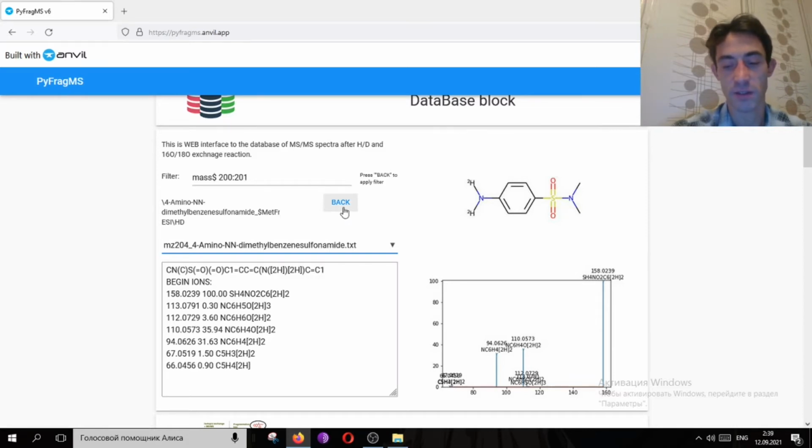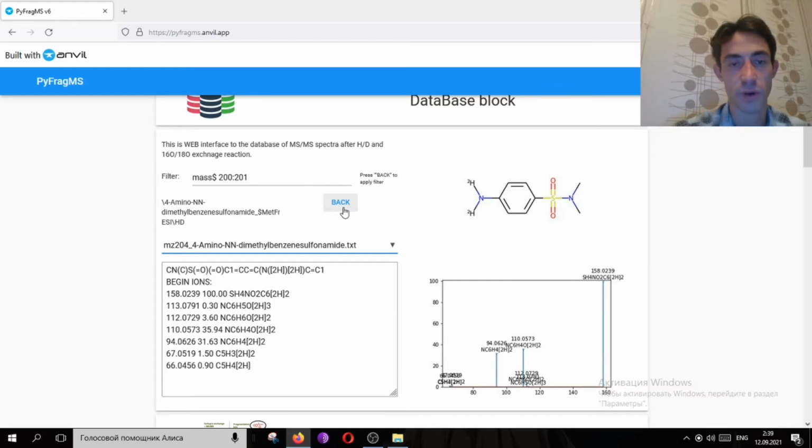The database is created by combining public data. Those are, of course, data published in the MetFrag paper. Some of the data were recorded by us. All oxygen 18 exchange spectra were recorded by us.